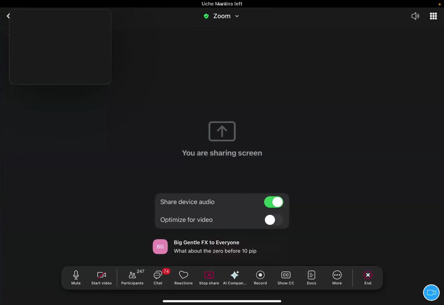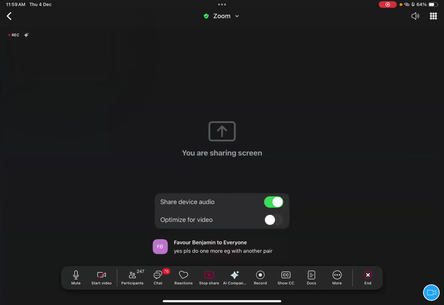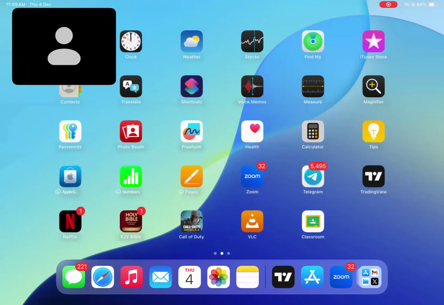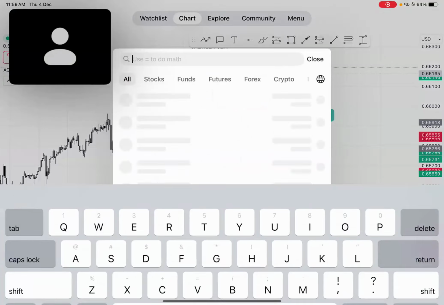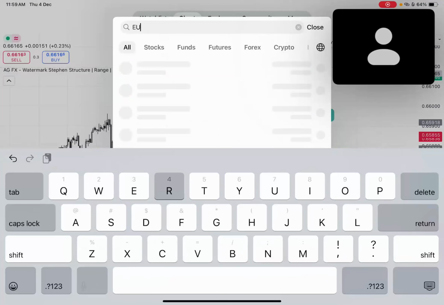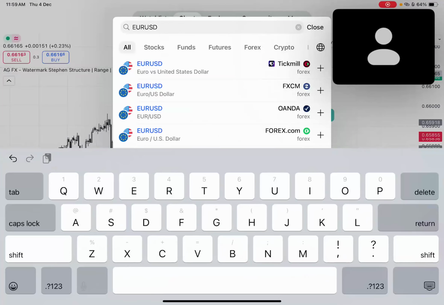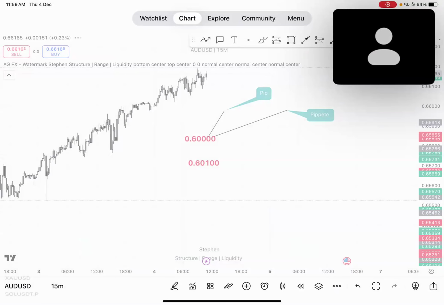Let's move on. If you even search for Euro USD, anything that has to do with USD, it's still the same thing. They use 5 digits.